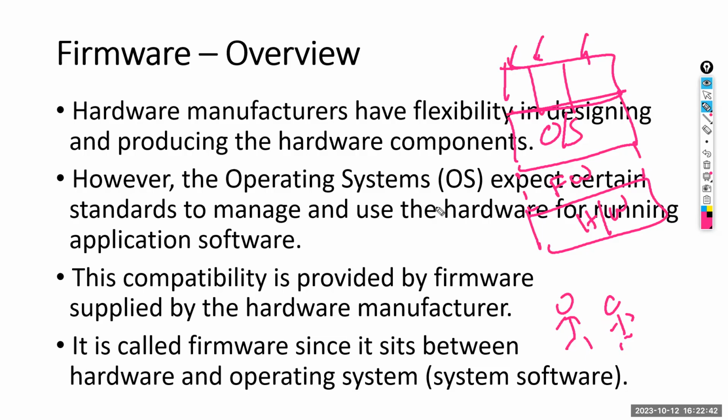So therefore, let's see why we need a firmware. Can't our operating system do this? Running the hardware. So there's a reason. Of course, the firmware has many reasons. One of the biggest reasons is, remember, we have different operating systems like Windows operating system, Linux, and Mac operating system and so on.